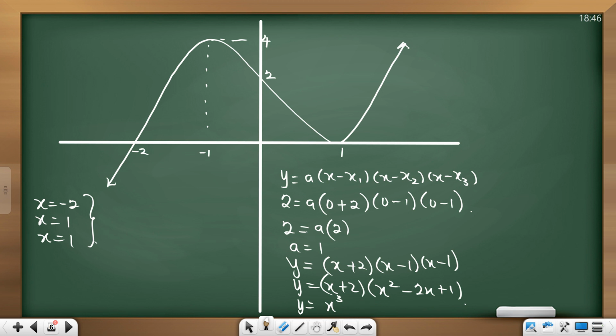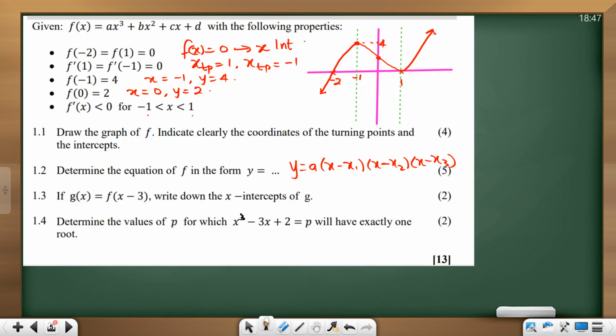That's why a final answer: x cubed. Guys, we must be able to expand all of those until you get that, and my job is to show you the formula. Please go and expand and be able to get that answer. Can I run quickly? I want us to do some serious work.